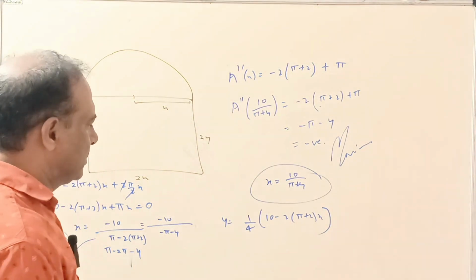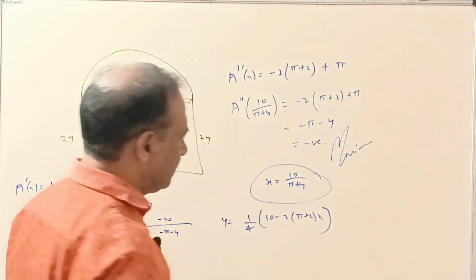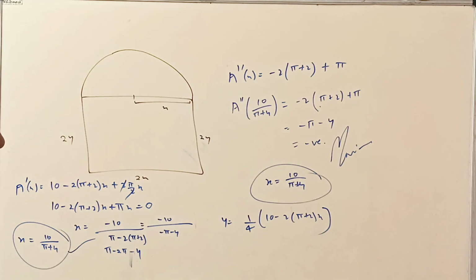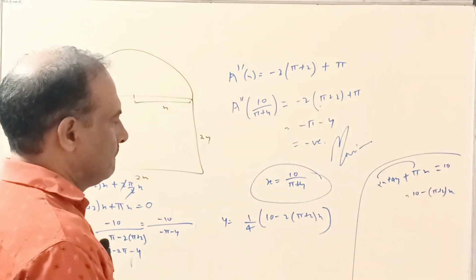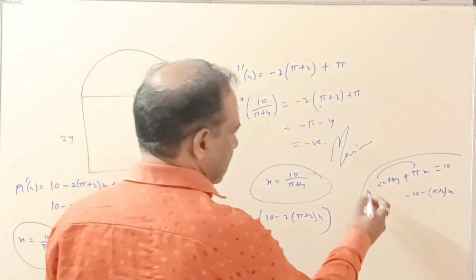Now I have to just put the value of x here and solve it. Okay, you have to find the value of y. So the equation was this: 10 minus pi by 2 plus x. This was the equation.